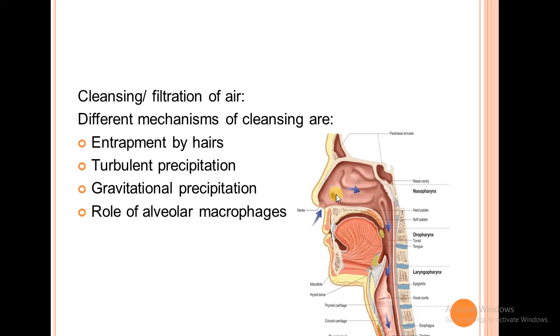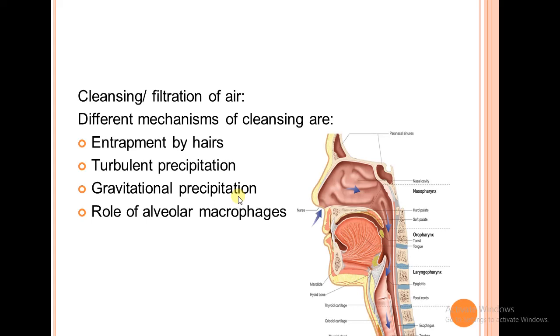The next mechanism for cleaning of air is gravitational precipitation. Gravitational precipitation occurs in the bronchioles and small bronchi, which are parts of the lower respiratory tract. In gravitational precipitation, the dust particles settle into the mucus covering these surfaces of the lower respiratory tract, like bronchi and bronchioles, because of gravity.